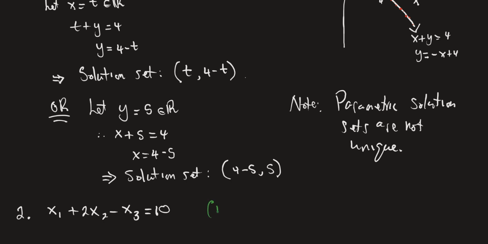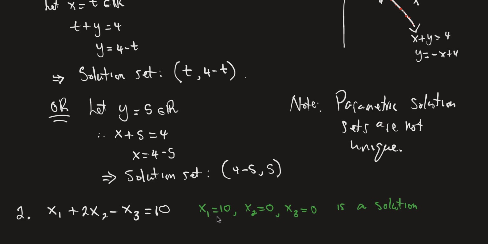If I let x1 equal 10, and then I just let the other two variables equal 0, then you can see that this is a solution, right? Because I've assigned values to the variables, and these values satisfy the equation, right?